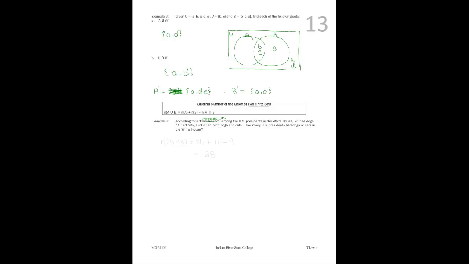The dogs. So we have 26 plus, we're looking at the number of cats, minus, what do we have? A intersects B. We had 9 that had both dogs and cats.